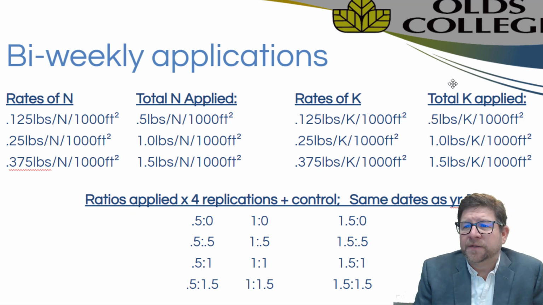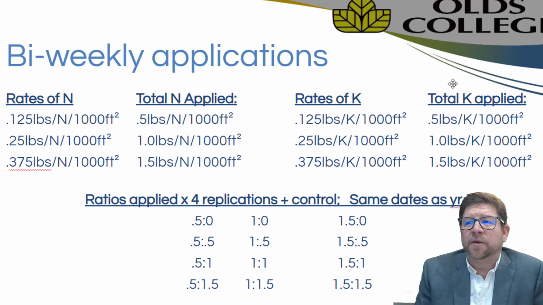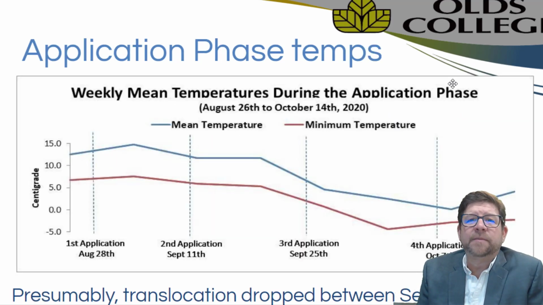And to give you a good look at what those applications looked like, these are essentially how we put it down: low, medium, and high rate of nitrogen and potassium, and we basically played the round robin between low rates of N to high rates of K, and every combination in between to try to determine correlation. Now, application phase temperatures.